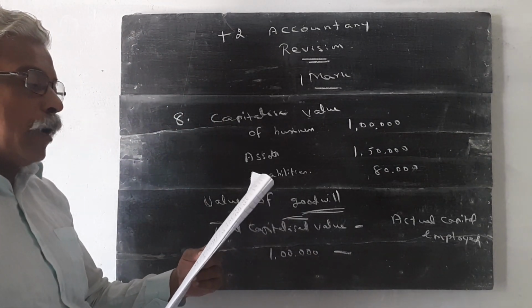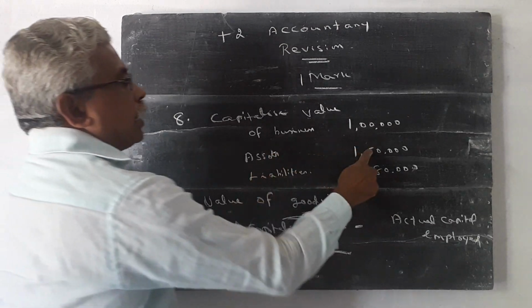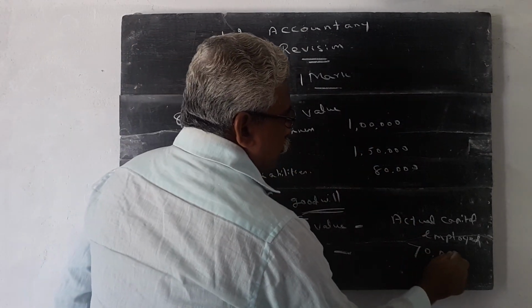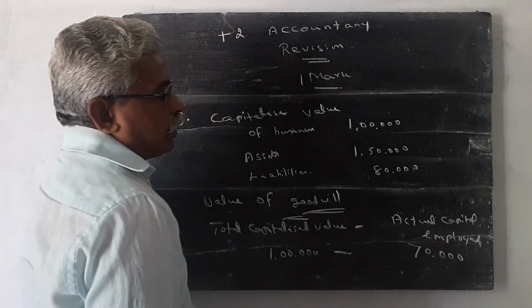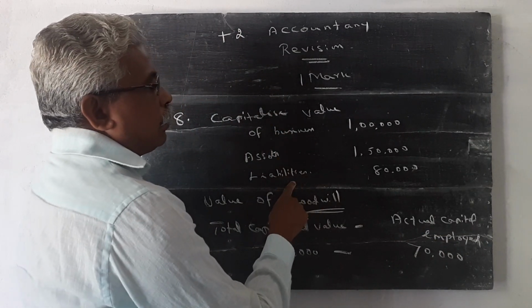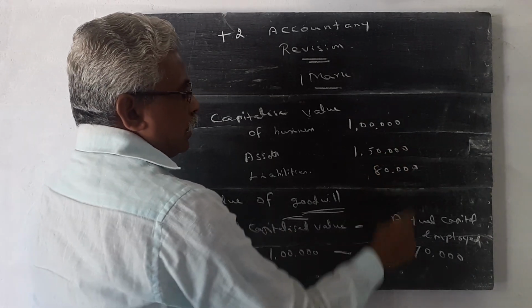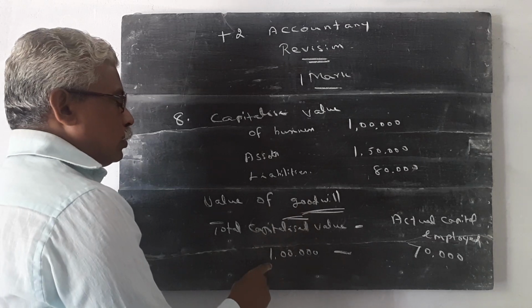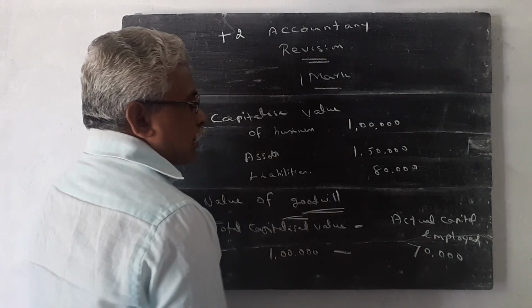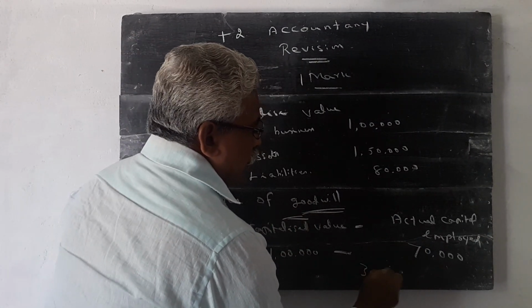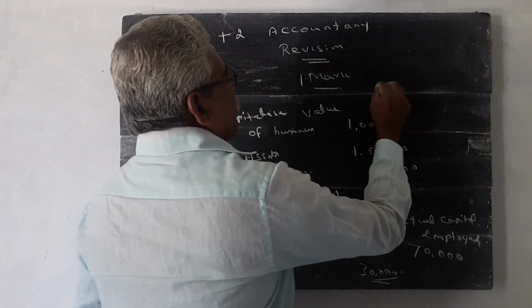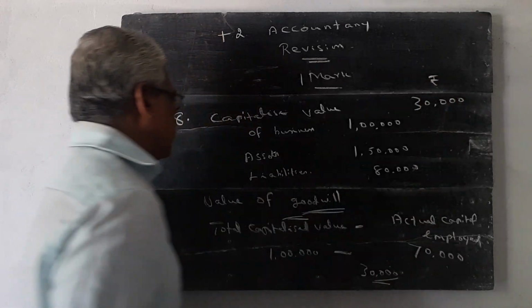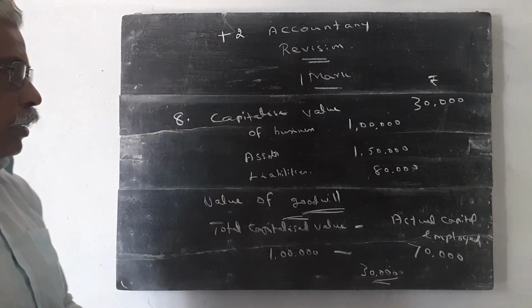How do you calculate the capital employed? Capital employed is equal to asset minus liability. 1,50,000 minus 80,000 is equal to 70,000. So value of goodwill is equal to 1 lakh minus 70,000 is equal to 30,000. So the answer for this question is 30,000 rupees. So 8 questions completed.